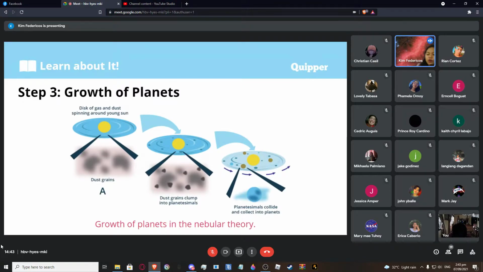Si cloud kuno is mo grows niya hotter and denser in the center with a disk of gas and dust surrounding it was very hot in the center but cool at the edge.